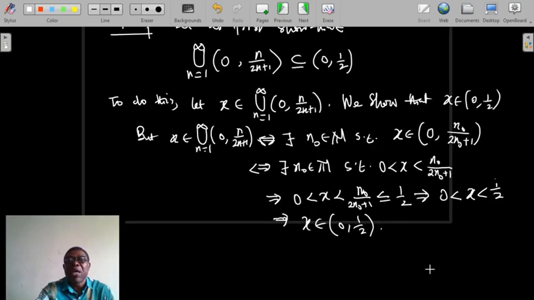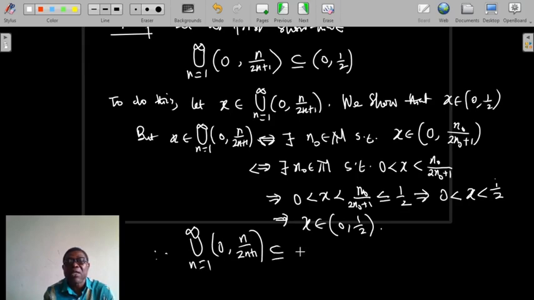And with this, what we have therefore is that the union n equals 1 to infinity of (0, n over 2n plus 1) is a subset of the interval (0, half). What I want you to observe is that this gave us a kind of application of example 2.